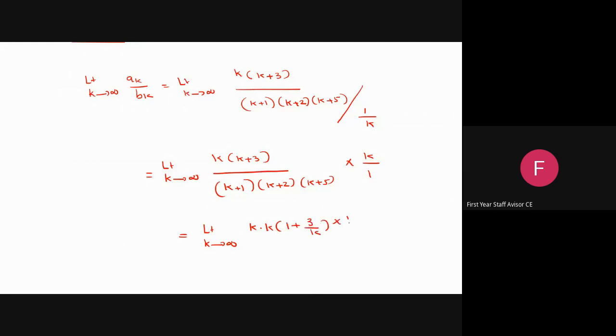Here k is already there, into k, divided by: from here take k outside, k into (1 plus 1 by k); from this term also take k outside, k into (1 plus 2 by k); from here also take k into (1 plus 5 by k).